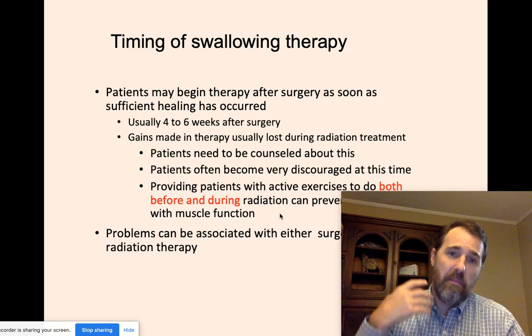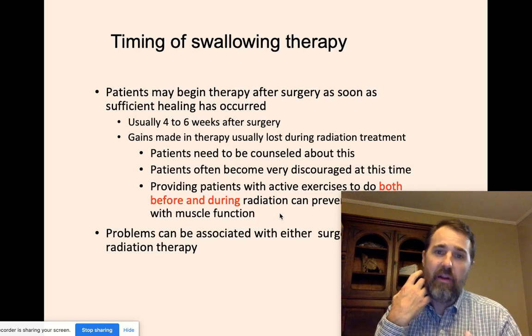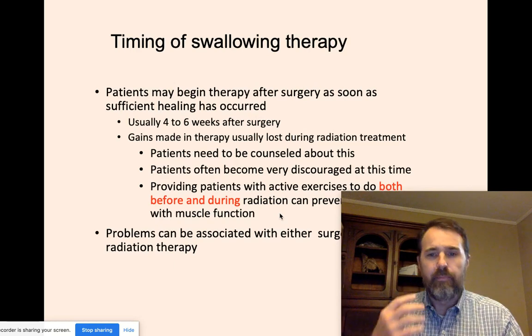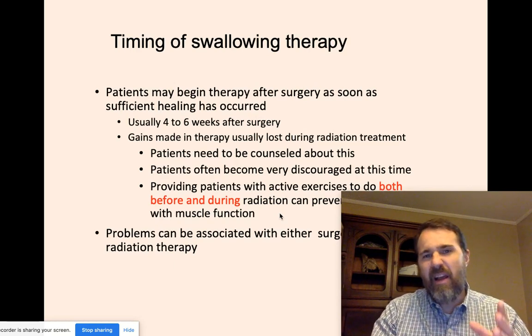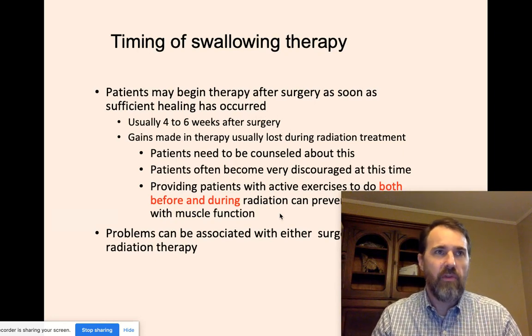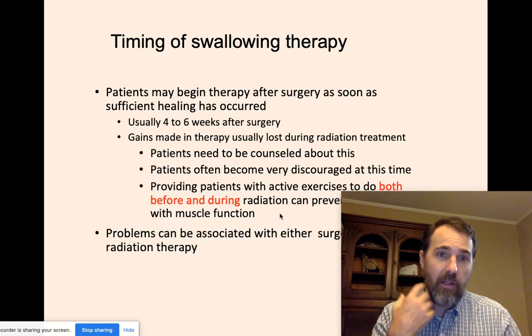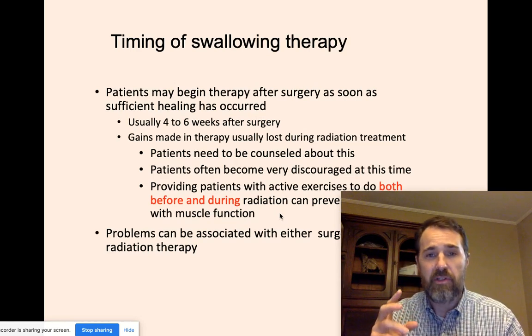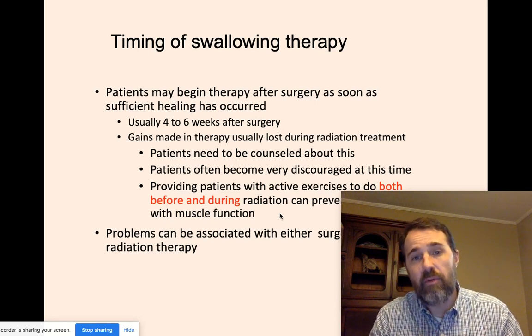So let's say a patient had part of their pharynx removed, and then directly after that surgery, you work with them for a few weeks to restore their ability to swallow. But now they have to go through radiation.